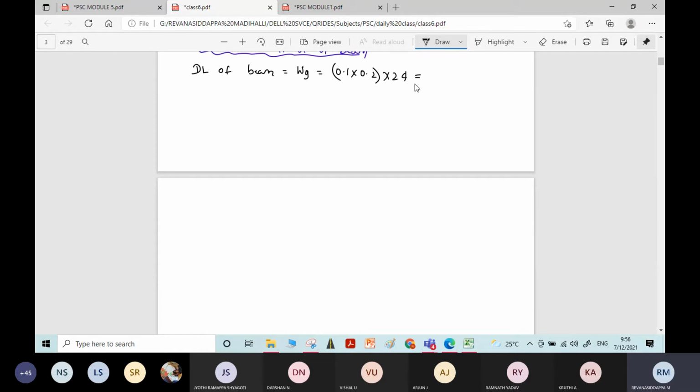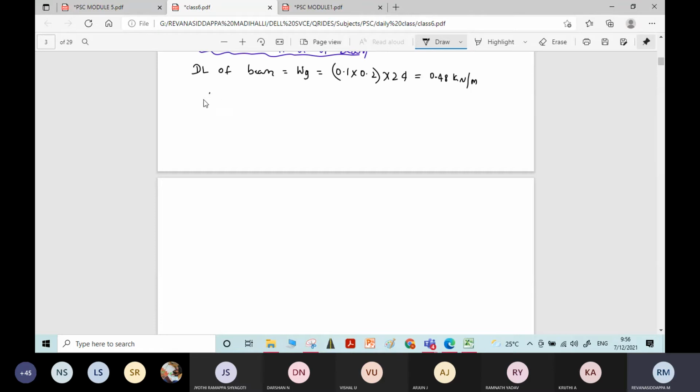How much will you get? 0.48 kilonewton per meter is the self-weight.